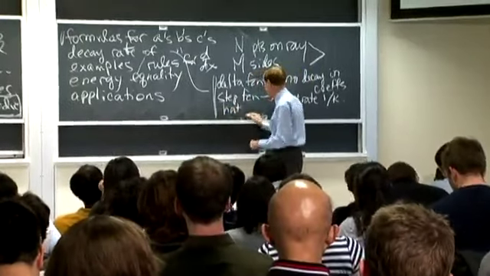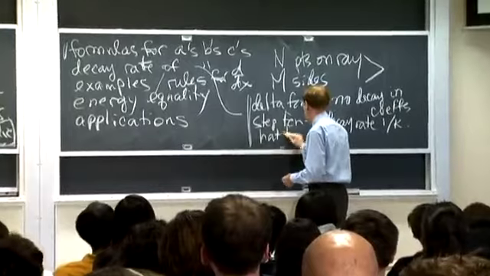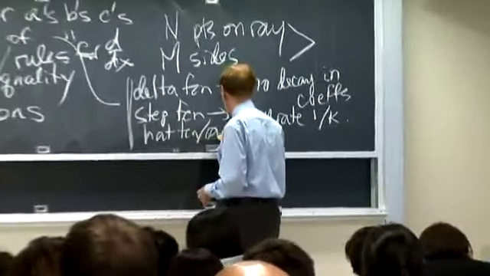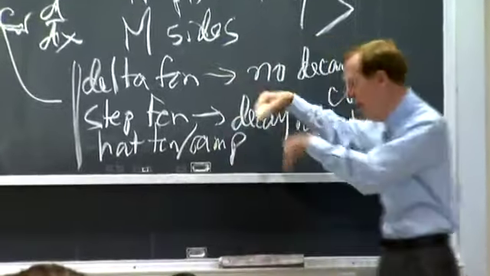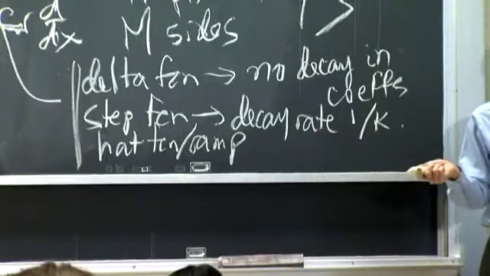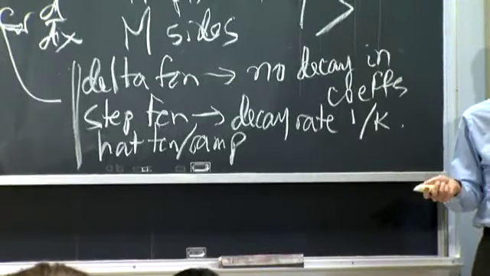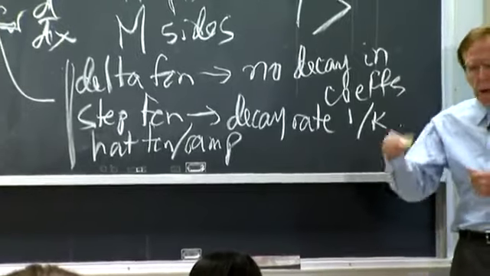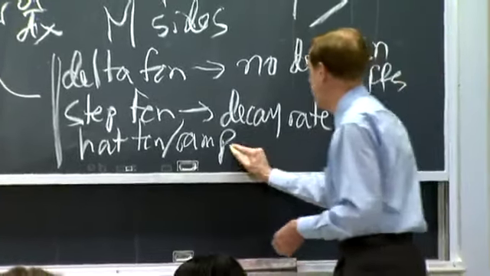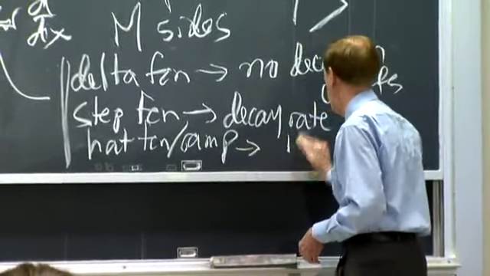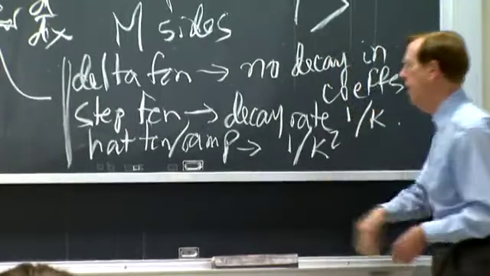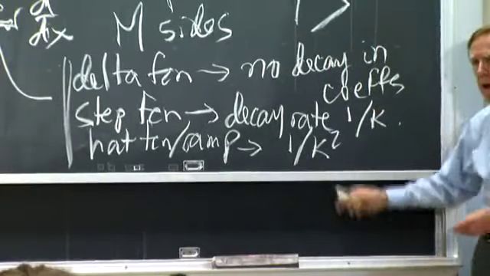Yeah, a ramp, exactly. Hat function, which is a ramp with a corner. Now, that's one integral better. You want to guess the decay rate on that one? K squared. Now we're getting better. That's a faster fall off. 1 over K squared. And then if we integrate again, we'd get 1 over K cubed.